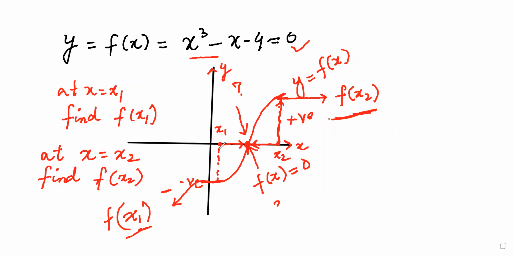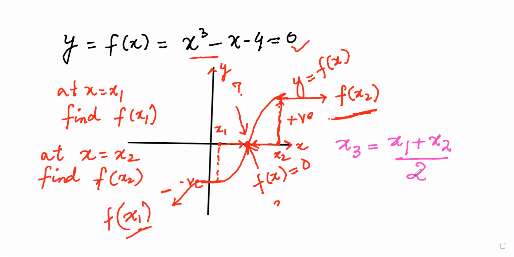So how will we do it? The bisection method says: with the assumed values x1 and x2, now take a third value x3, which will be equal to x1 plus x2 divided by 2. That's why this method is called the bisection method.